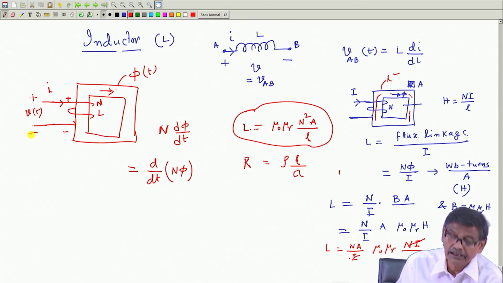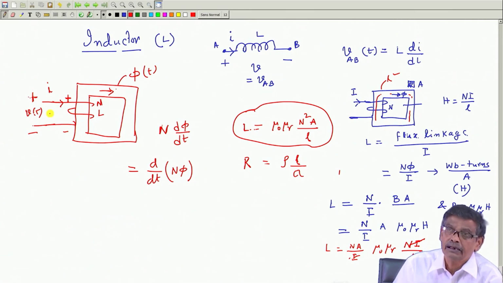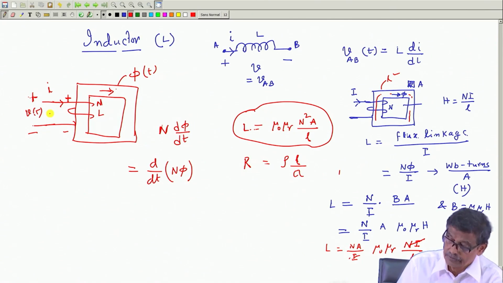The polarity of the induced voltage will be such that it will try to oppose this change in flux. If flux is increasing with time, if I is increasing with time, phi is increasing with time, then it must have a polarity this side plus, this side minus, so that it opposes the supply voltage, to try to oppose the change in the current value.